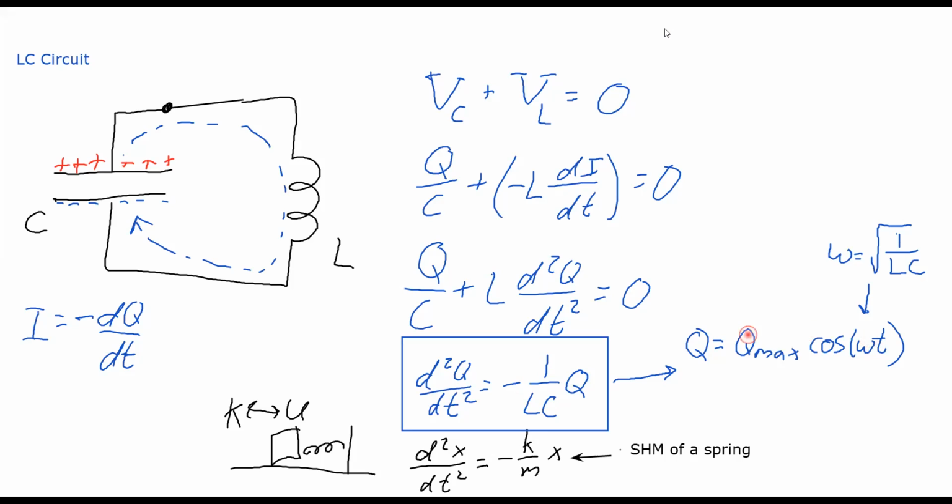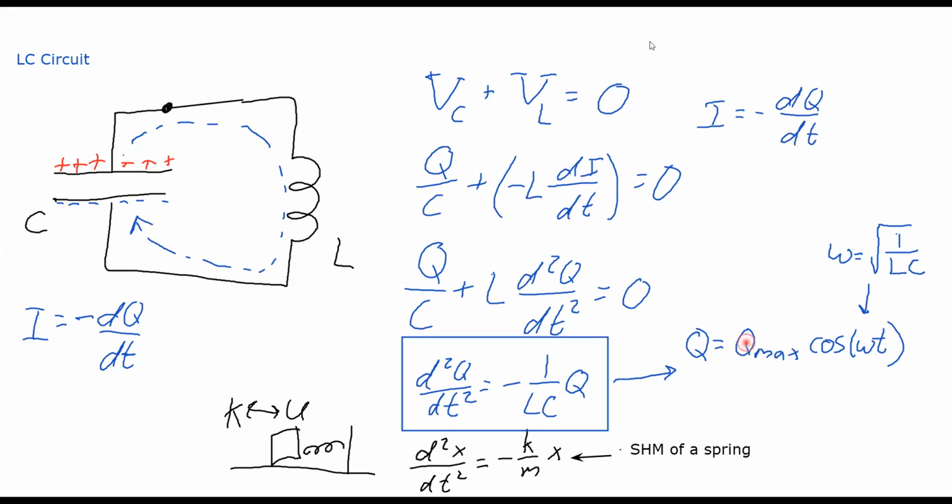Okay, so we get an equation for Q, right? This charge on the capacitor is going up and down, just like we saw, increasing, decreasing, and vice versa. And we could find I, the current through the inductor, by the equation we had earlier, negative dq over dt. Okay, well, we have Q now.